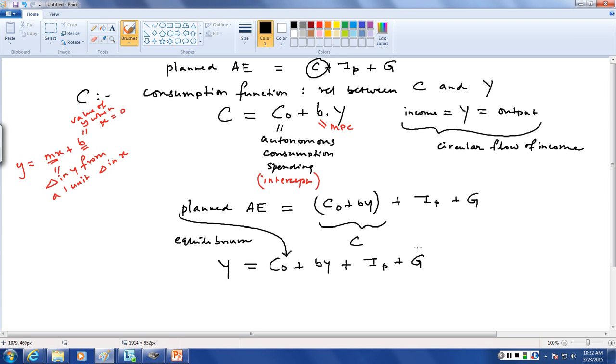Government spending is something that's known. Investment spending, the planned portion of that, is also a number. It's a dollar figure. Am I correct? C sub 0 is also a number known to the economist. What about this B? Well, B is a number known to the economist also.